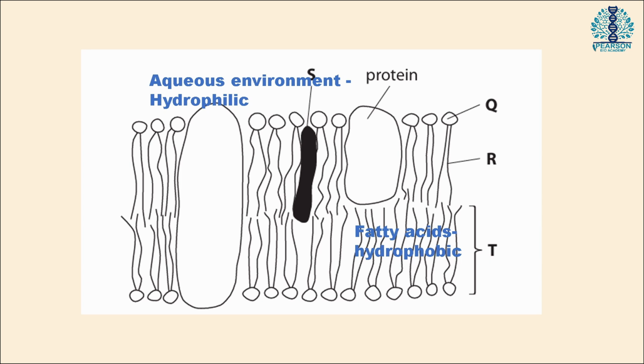So this means that the amino acids facing the aqueous environment should have hydrophilic R groups, whereas the amino acids embedded within the fatty acid region should have hydrophobic R groups. This distinction in R group properties is essential for the protein structure and function.